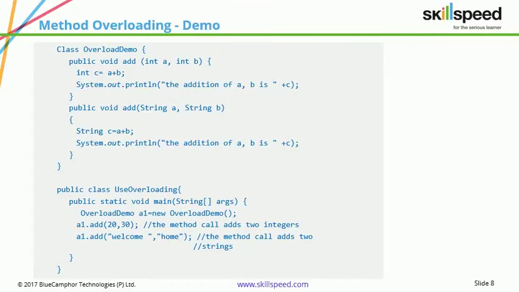Suddenly I want to add integers, I can give 20, 30 like in the value that we have given, or if I want to add strings, I use the same method but I give different sets of parameters. As a user, I do not need to remember many different types of method names if I want to add integers or strings or double values or anything else.